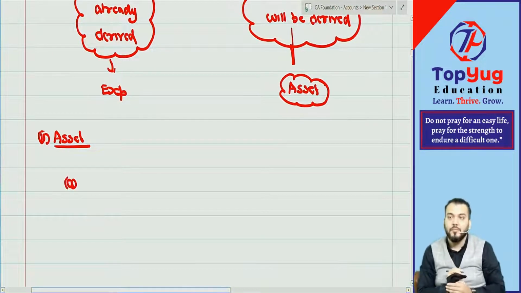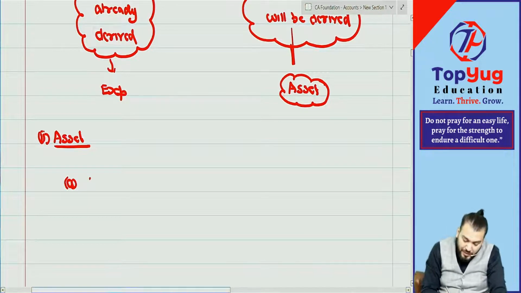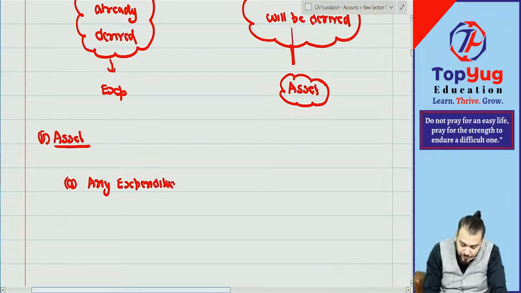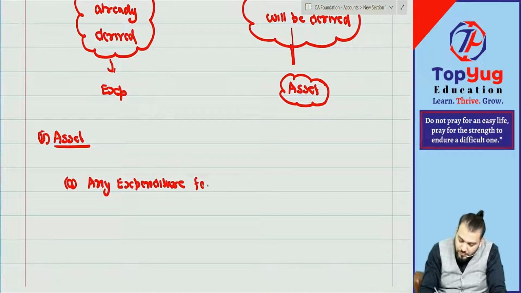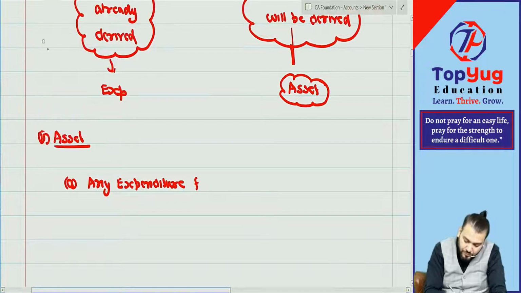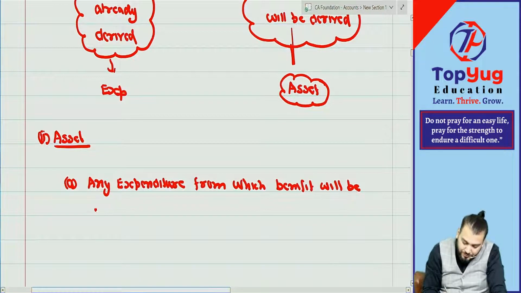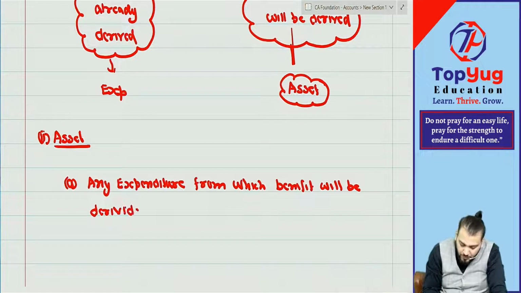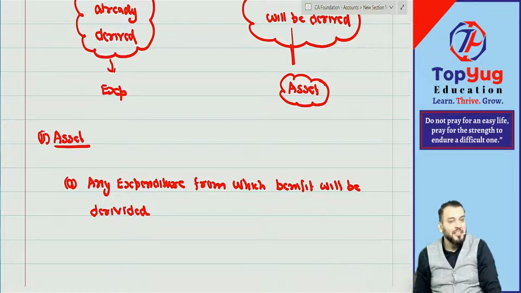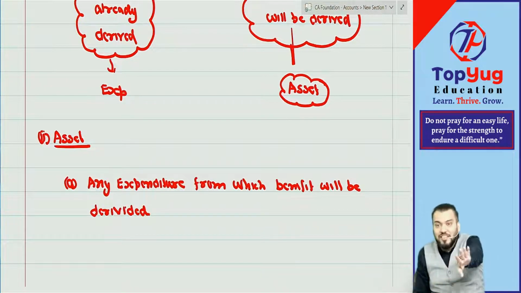Point number A. Any expenditure from which benefit will be derived is an asset.